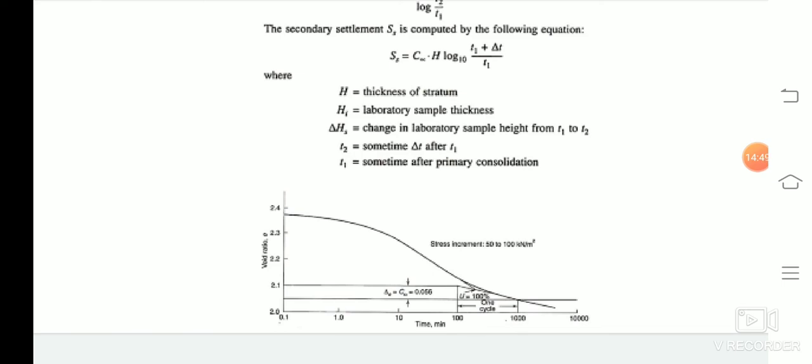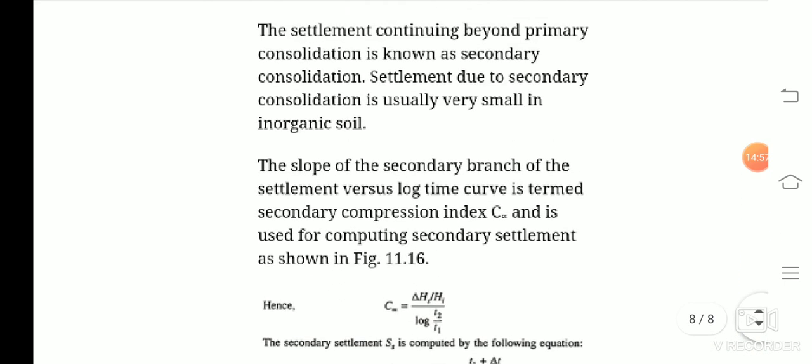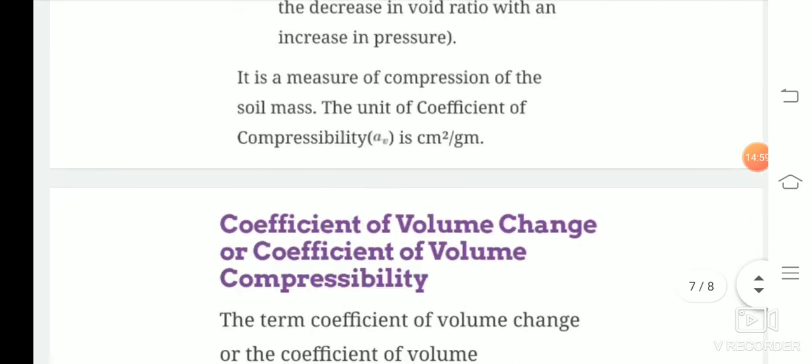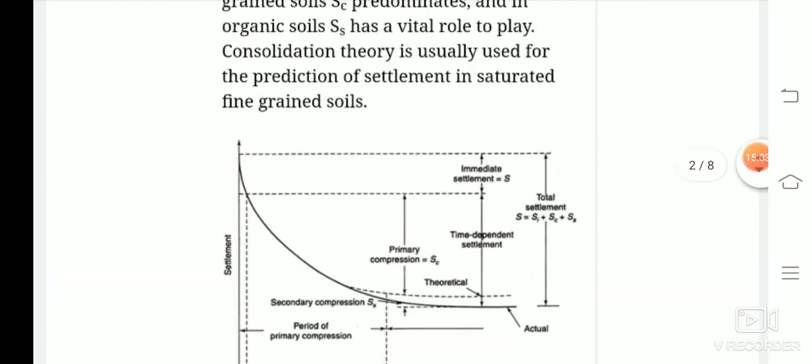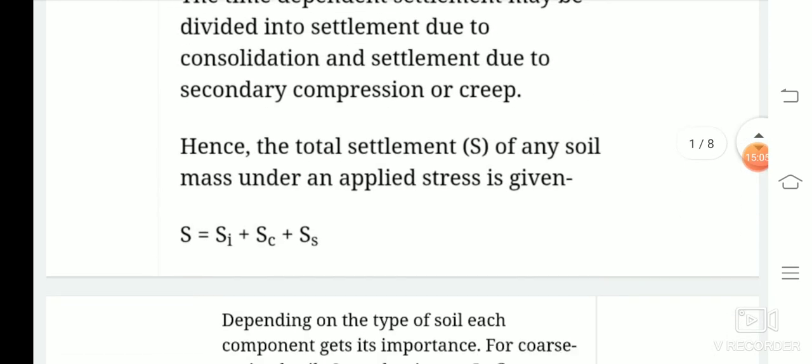Otherwise this settlement is not considered important as compared to the primary consolidation. So here we can learn that the main governing parameter for settlement is the primary consolidation settlement, or SC.